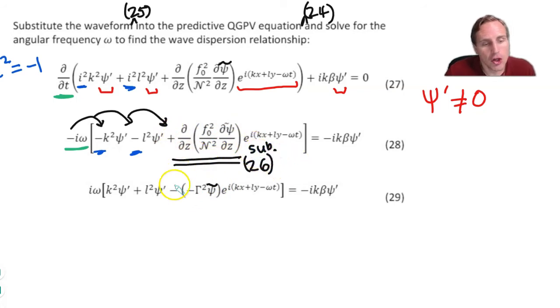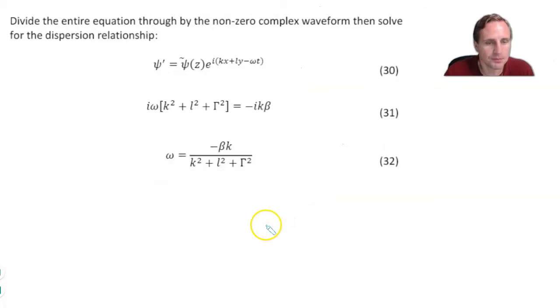Notice when the minus comes in via distribution, minus times minus gives plus. Also notice that psi tilde times this complex exponential reassembles into a psi prime. Remember, we're going to divide the entire equation through by the non-zero complex waveform and solve for the dispersion relationship.